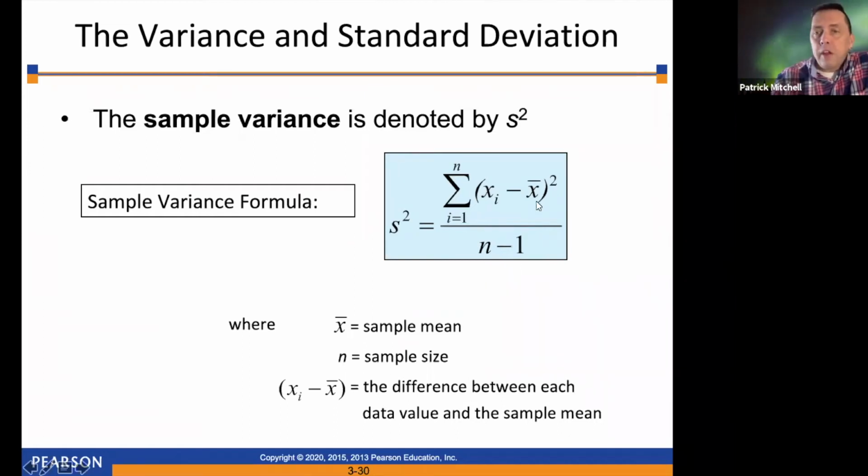What is this thing that we're adding a bunch of together? Down here you can see that each one of those terms without the square is the difference between each data value and the sample mean. So in order to use this formula, the very first thing you have to do is calculate the mean of the sample. This will make a lot more sense when we look at an example.